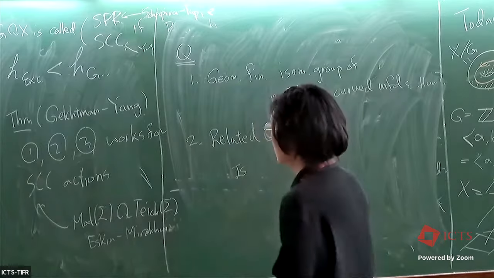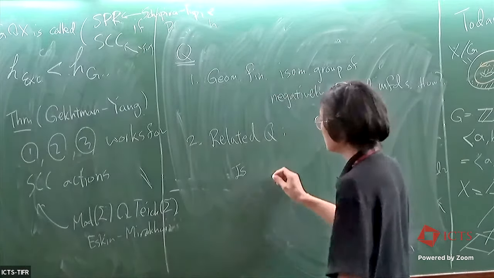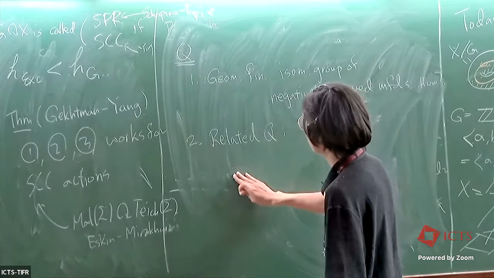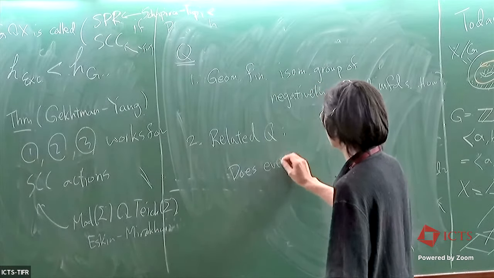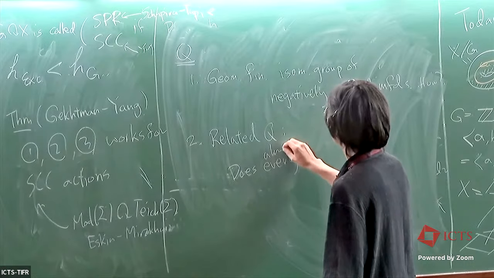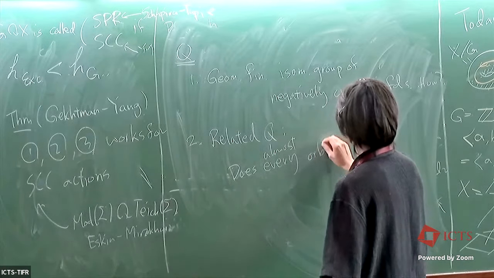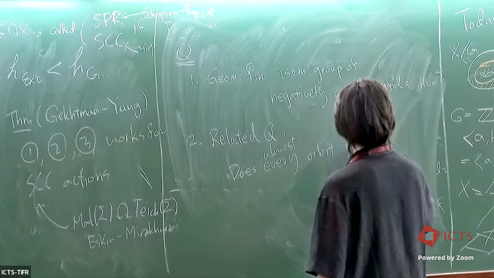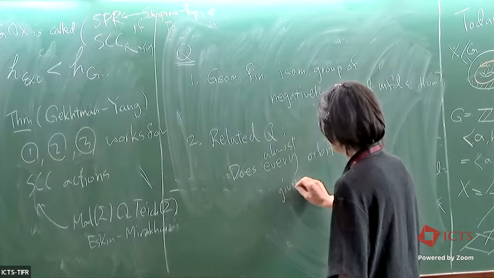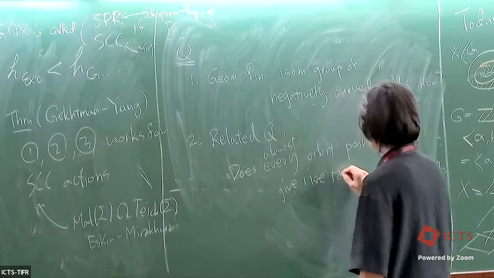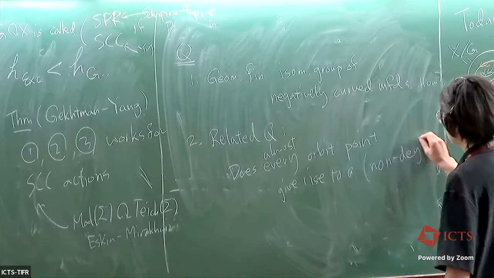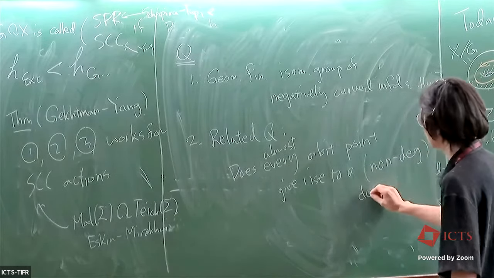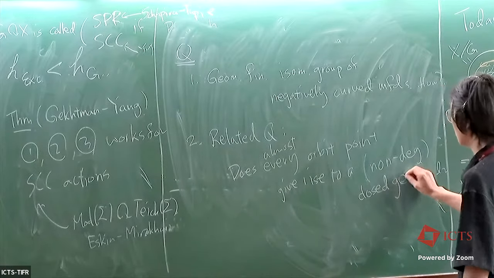So a related question is: does every, or almost every, orbit point give rise to a non-degenerate closed geodesic? What do I mean?